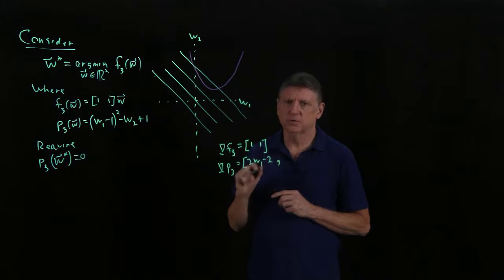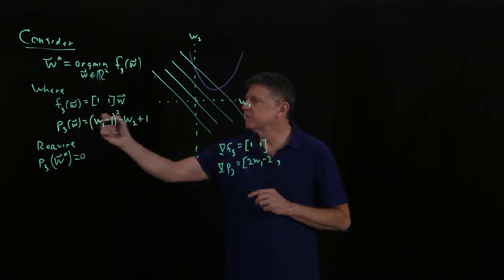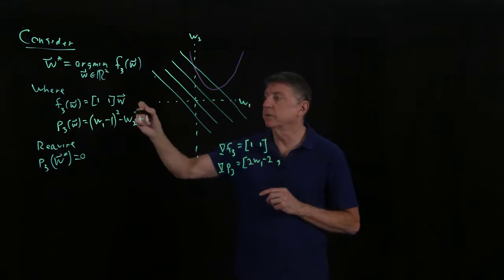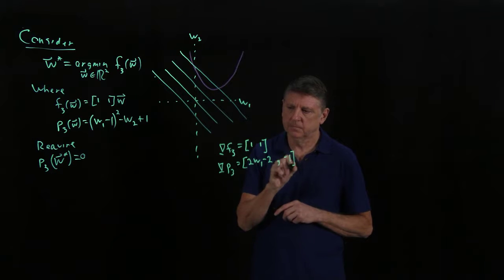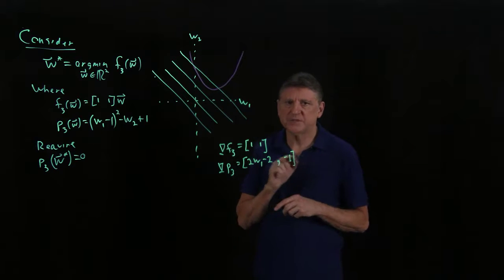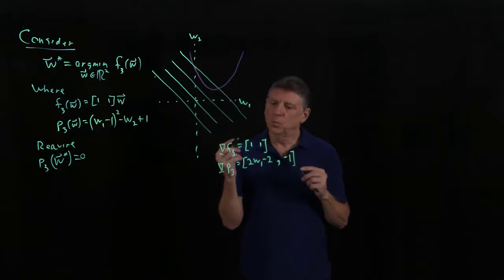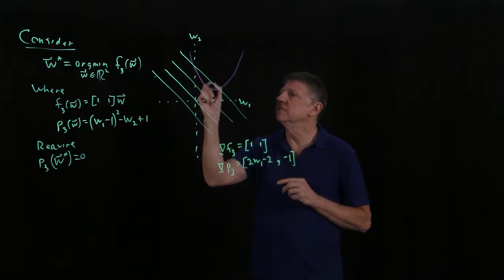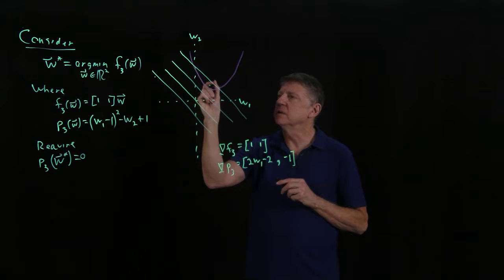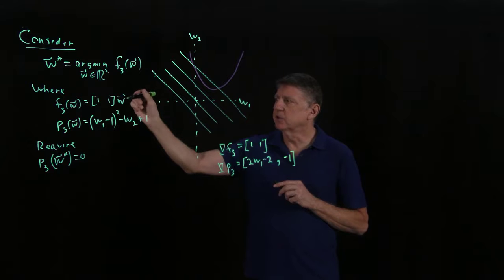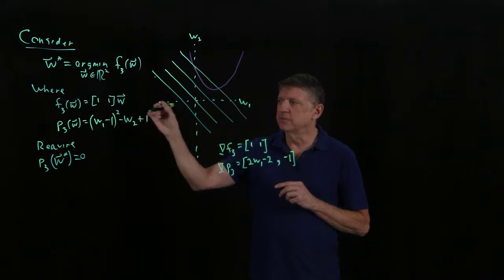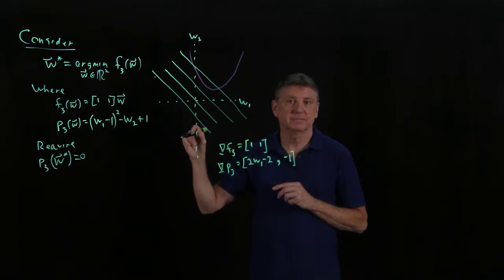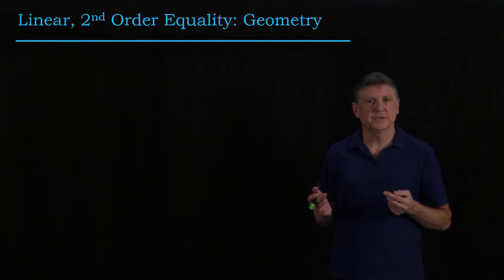And I'll put a comma so that we're very clear. And then the second entry of the gradient will be the derivative of the property with respect to W2, so that will just be minus 1. And now the question is, what is the argument such that the level curve of the function and the level curve of the property intersect.